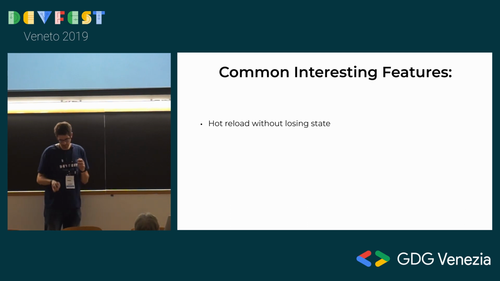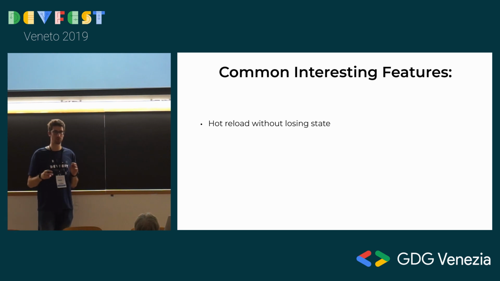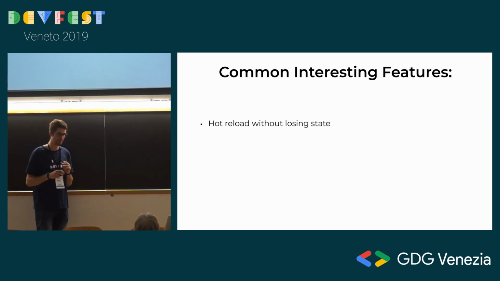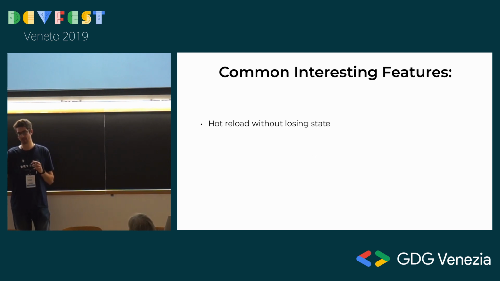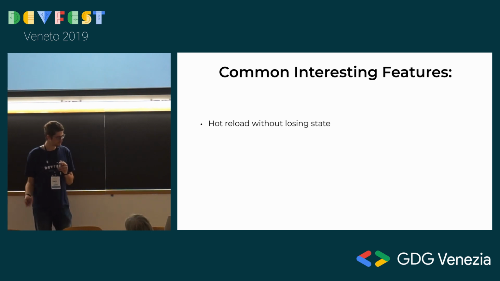Okay. Now let's talk about some common interesting features of the two frameworks. The first one is the possibility to hot reload without losing the state of our application. So for example, if we want to update only the color or the size of a text, we can do it, and we can push the changes without reinstalling the whole application again.